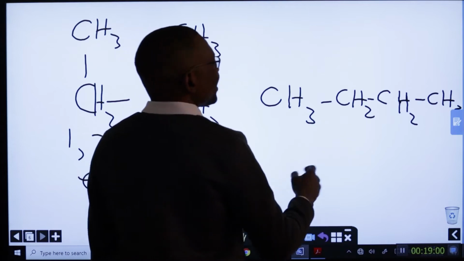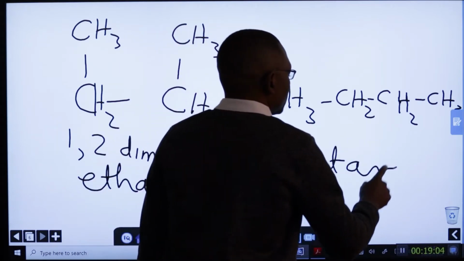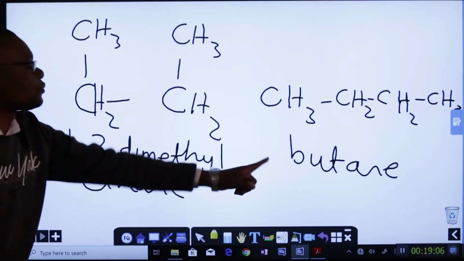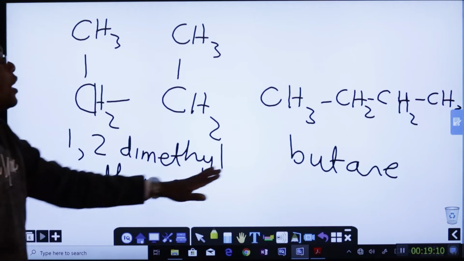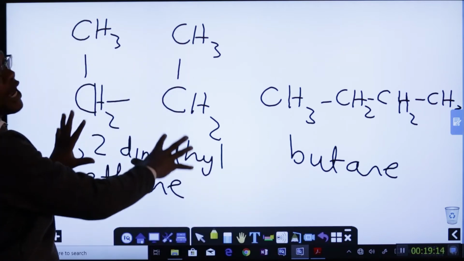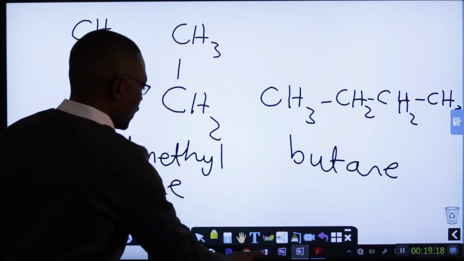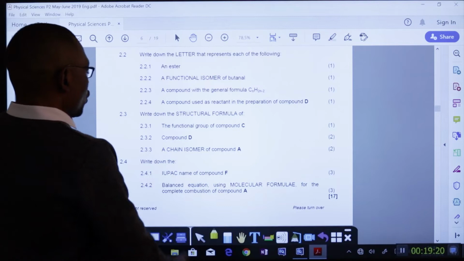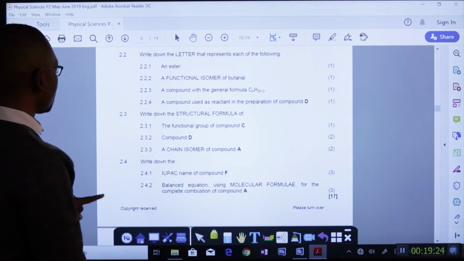So this is going to be a simple straight chain butane. So do you see the difference? This is a 1,2 dimethyl ethane, while this is butane. So you can see that this is a branched molecule, while this is a straight chain. Okay. So just for 2 marks, you are supposed to be able to draw that as quickly as possible.